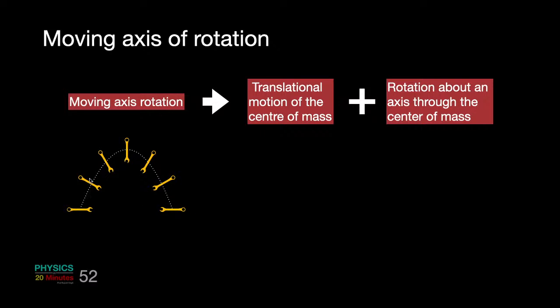So it is in a translational motion as if the center of mass is moving along this dotted line, but it is also performing a rotation and it has rotated through 180 degrees. So it can be seen as a rotation by 180 degrees plus a translation of the center of mass along this dotted line.